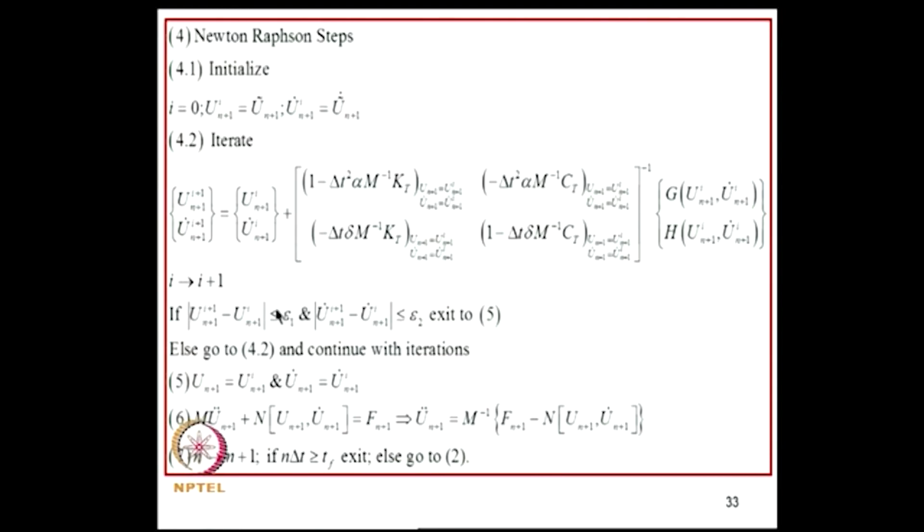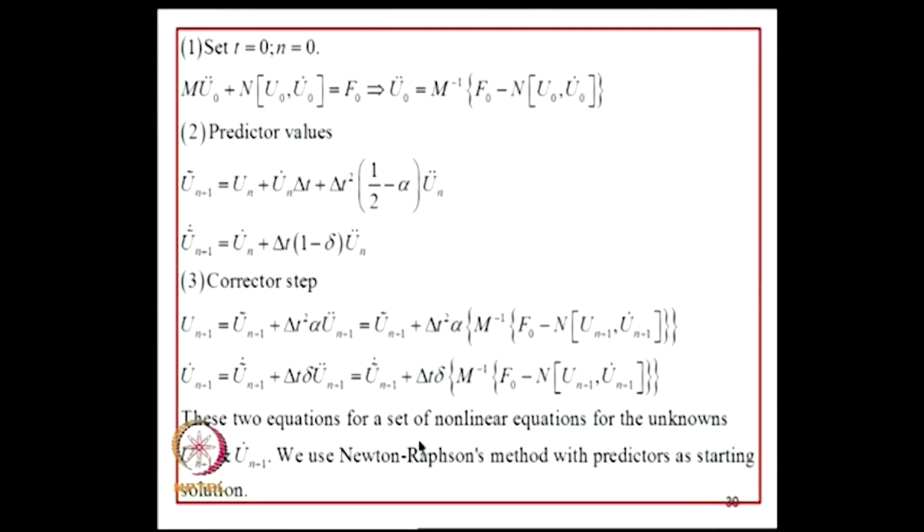If the convergence requirements are met, I assign to the displacement at n plus 1 and velocity at n plus 1 these converged quantities. Then I compute u double dot n plus 1, for which again I use the equation of motion. Now, I increment n, the time marching, and if I have crossed the final step size, I exit, otherwise I go to step 2, where we again start with the predictor for the next step.